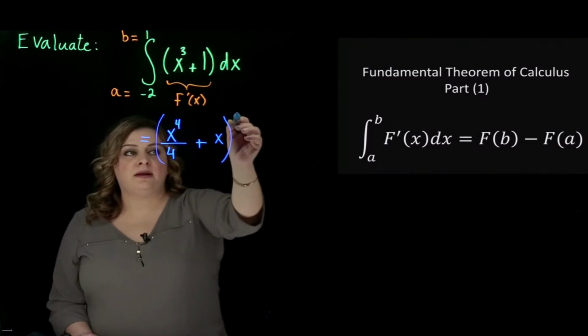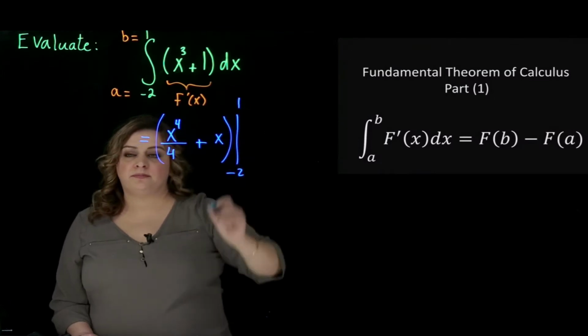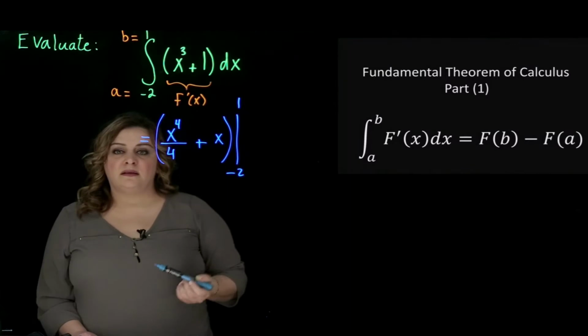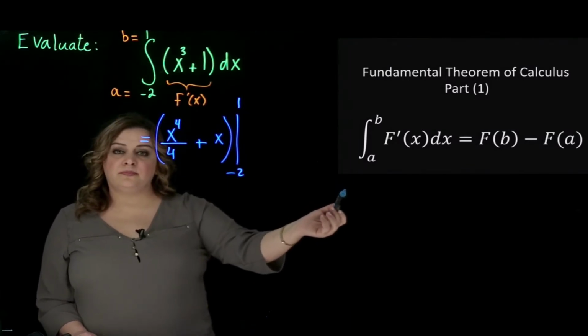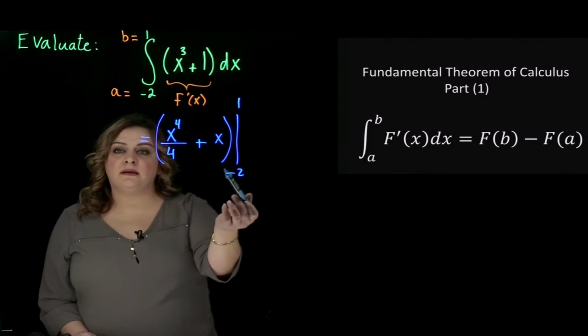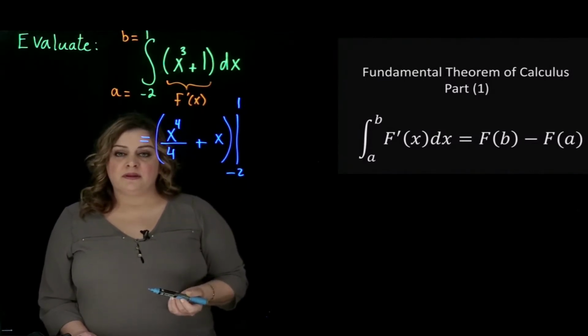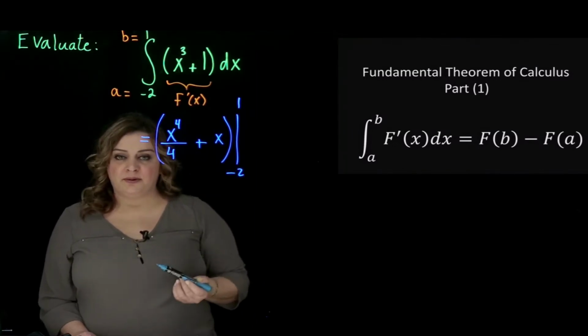And we want to evaluate our function from -2 to 1. According to our theorem, part 1, we evaluate the function first at x equals b minus the same function evaluated at a.